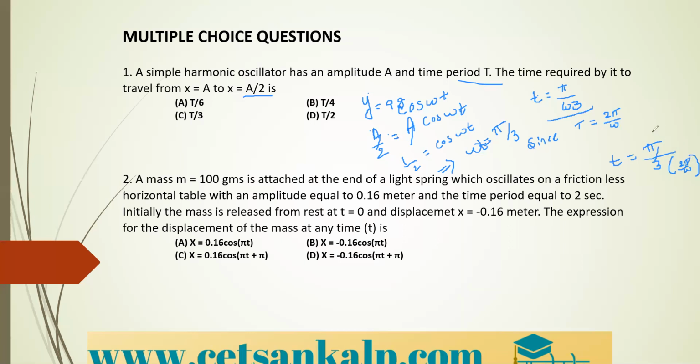We will get small t is equal to capital T divided by 6, because here 3 into 2 is there.